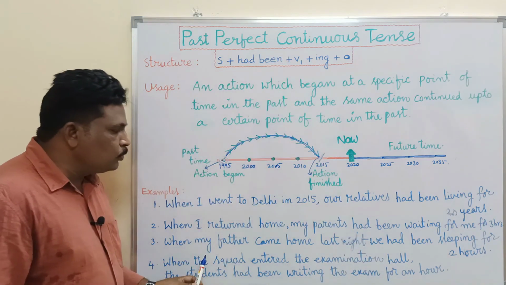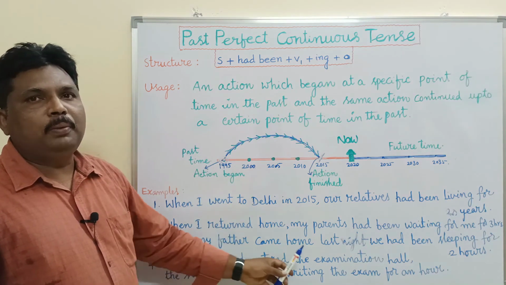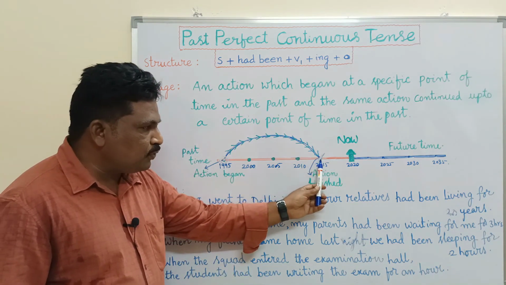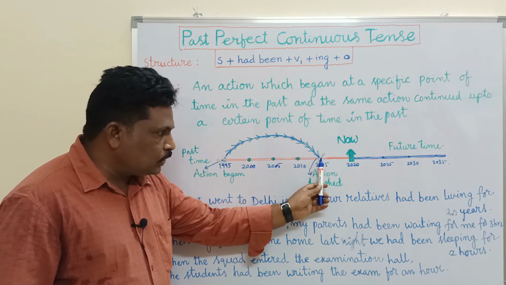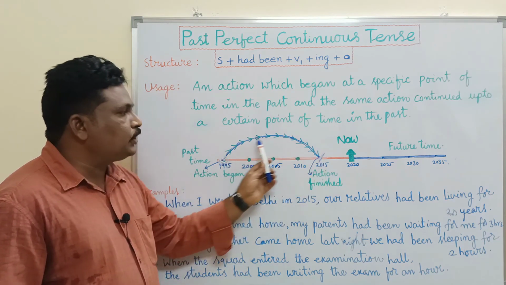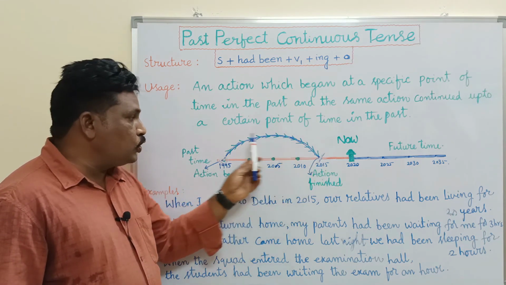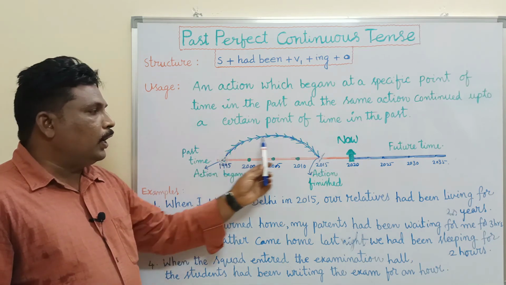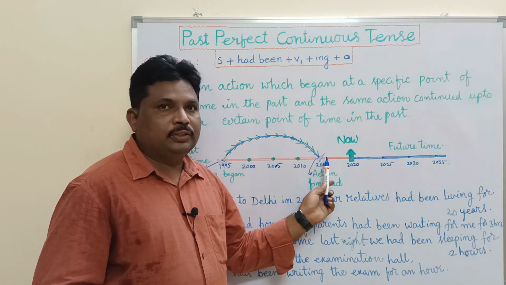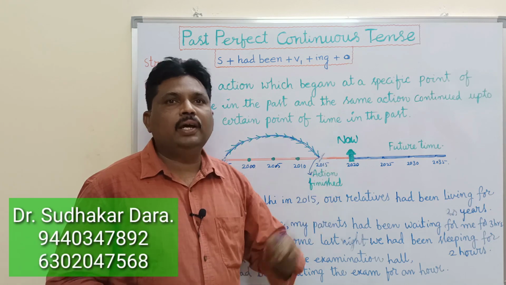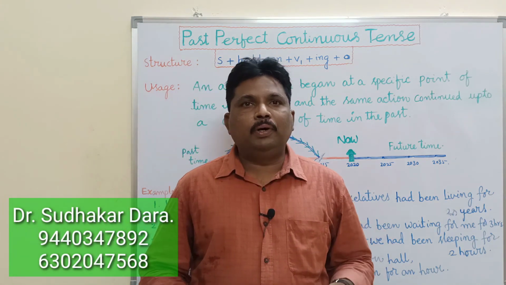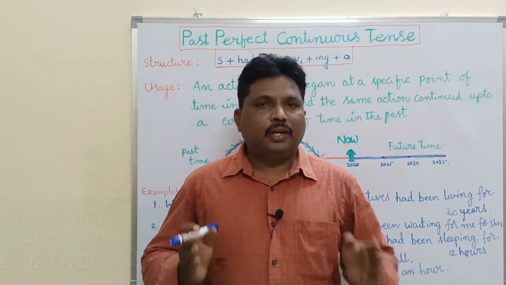Remember, this is used along with simple past tense. This is a specific point of time when an action occurred; another action came to an end, which was started some time ago and finished at a specific point of time in the past. This is all about past perfect continuous tense.